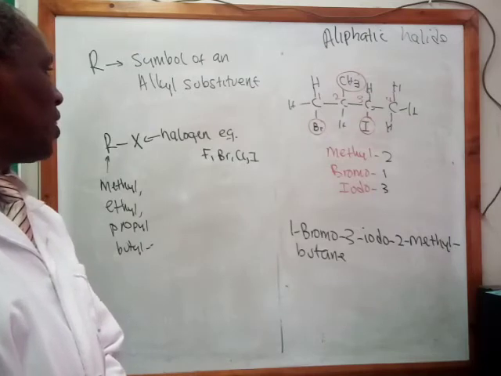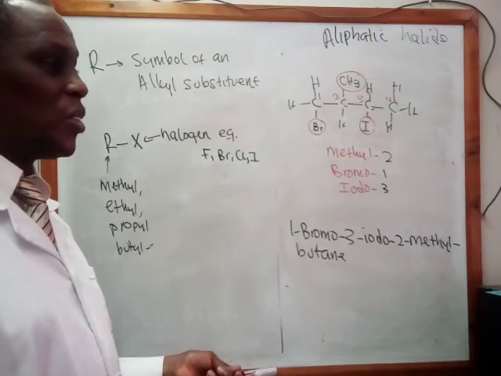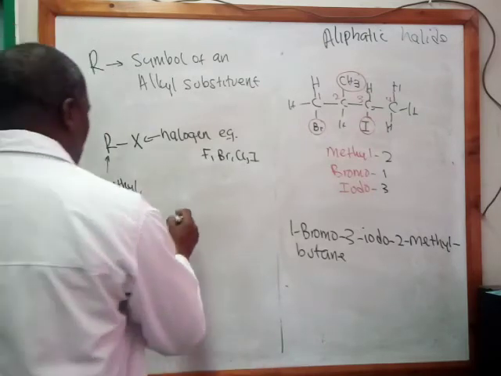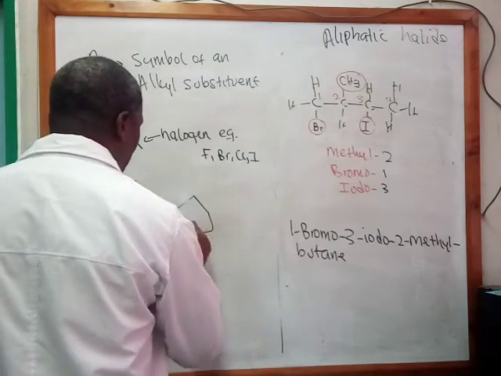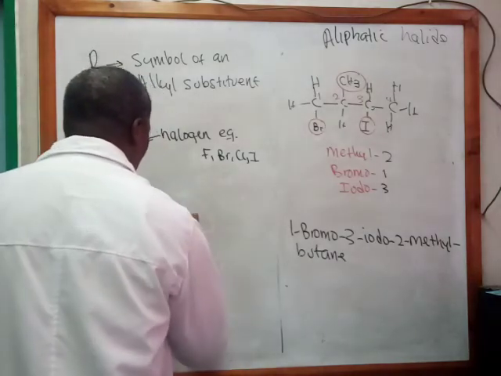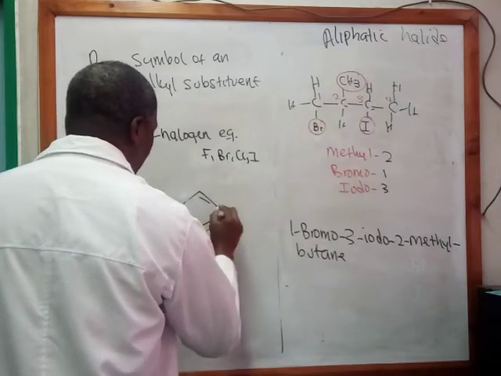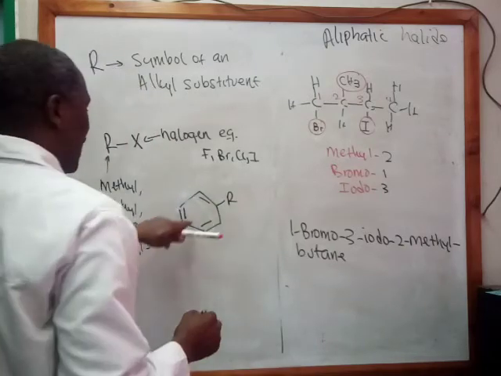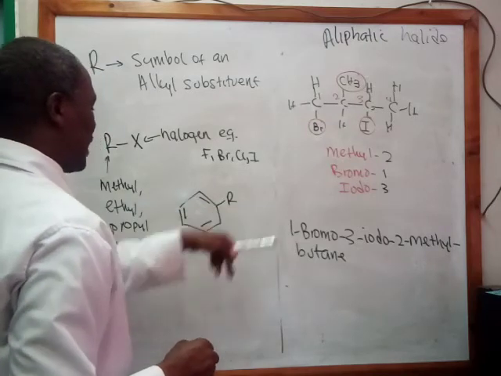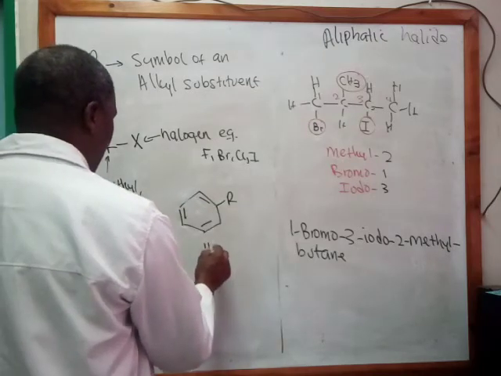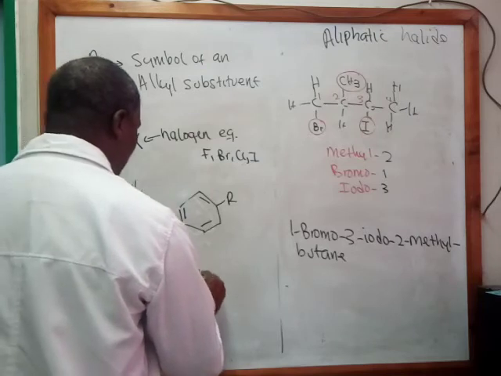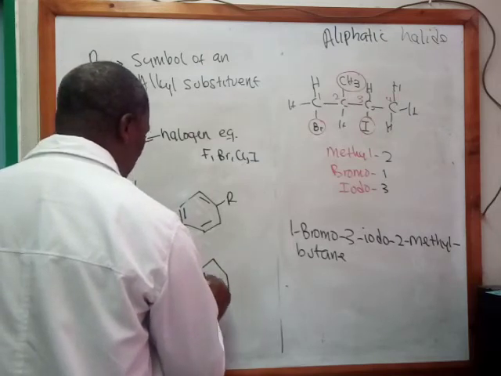So if I'm going to have something like a benzene, let me draw a proper hexagon. And then I say R: I've got a benzene group and then there is an alkyl group attached to it.